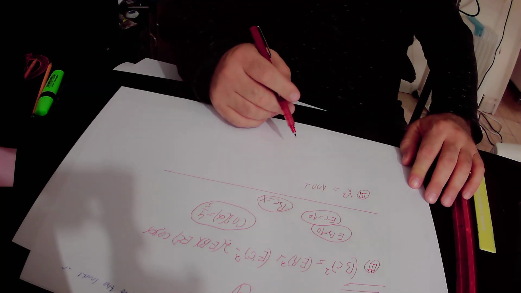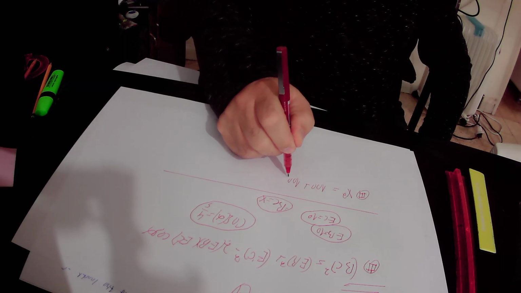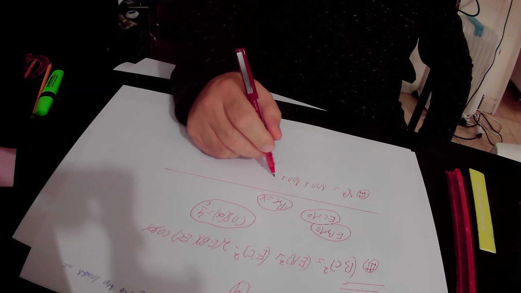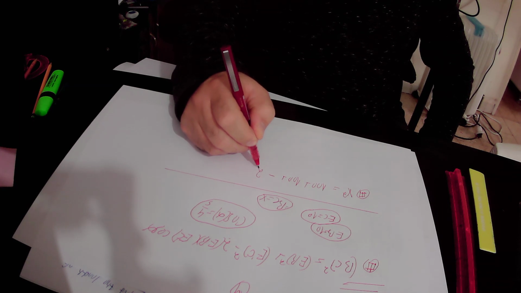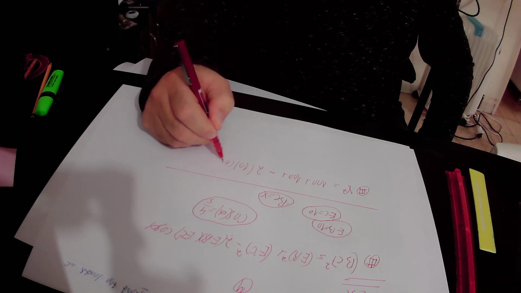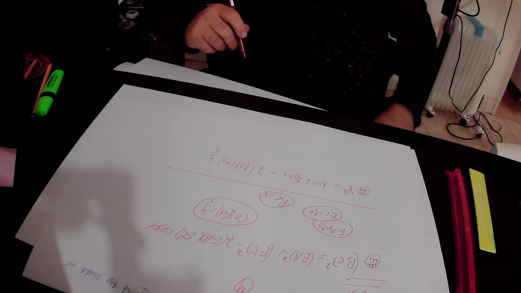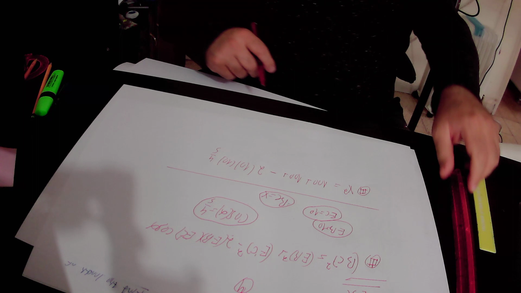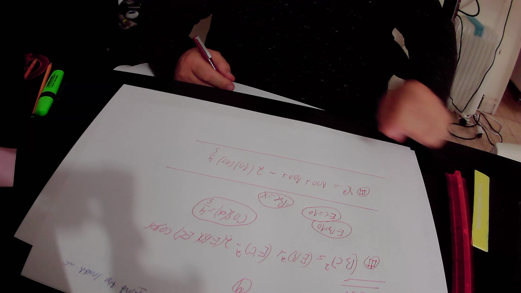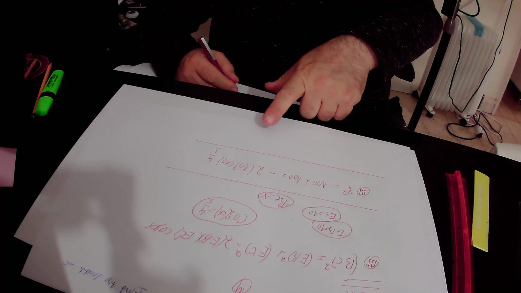EC equals 10 units, so EC square is 10 squared, that is also 100, minus 2 times EB, which is 10, EC, which is 10, and cosine alpha, which is 4 over 5. So in conclusion, we found out that x squared equals 100 plus 100 minus 2 times 10 times 10 times 4 over 5.